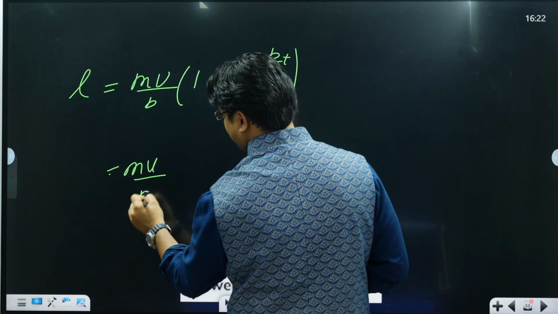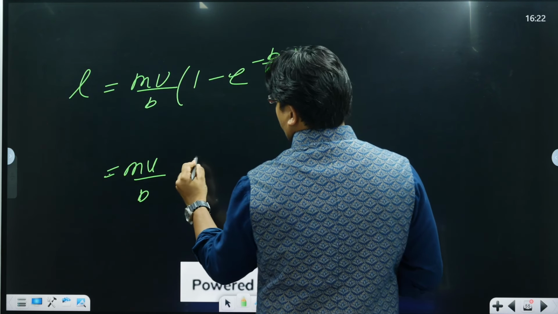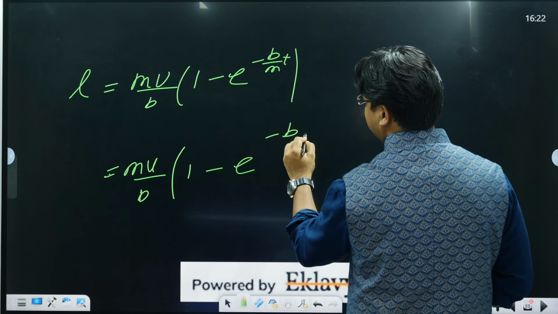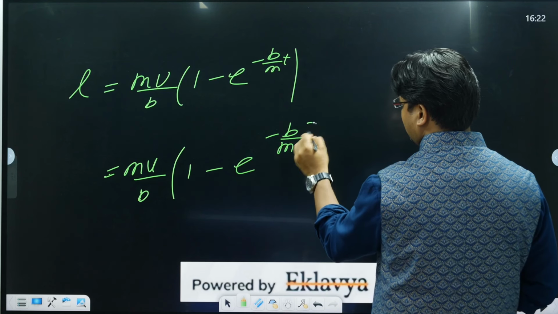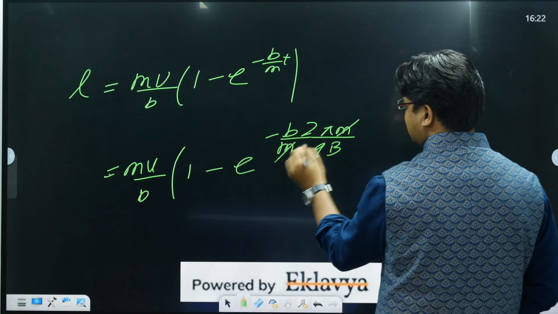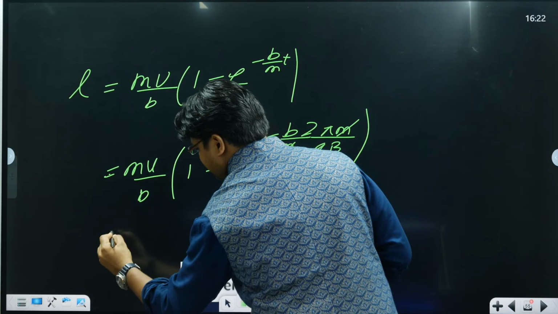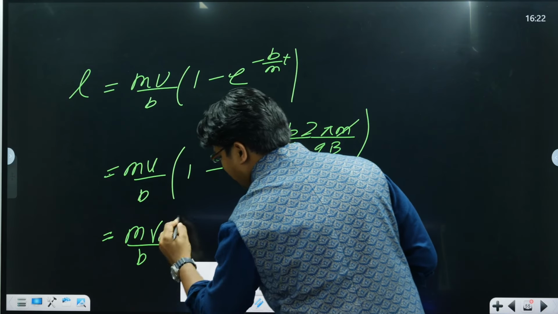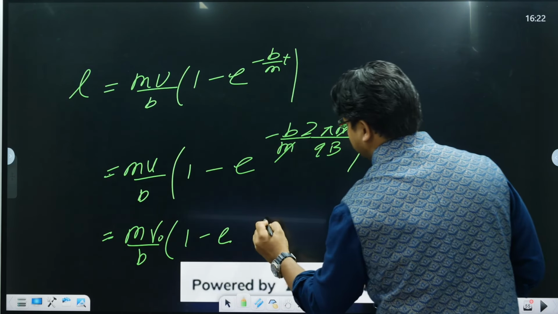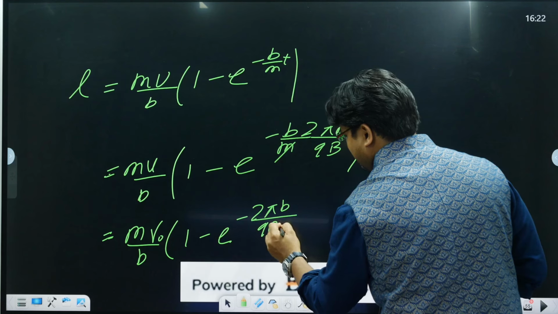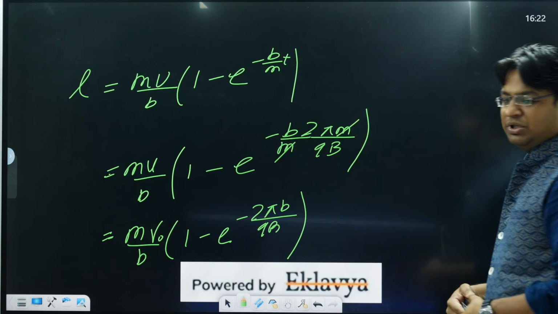So m u by b, 1 minus e raised to power minus b by m into 2 pi m by qb. M gets cancelled. So finally the answer is, in this question u is given as v naught. So m v naught by b, and then 1 minus e raised to power minus 2 pi small b by q capital B. This should be the answer to this question.